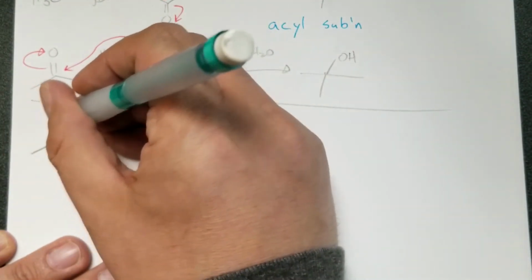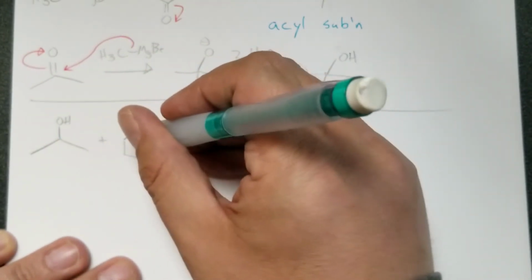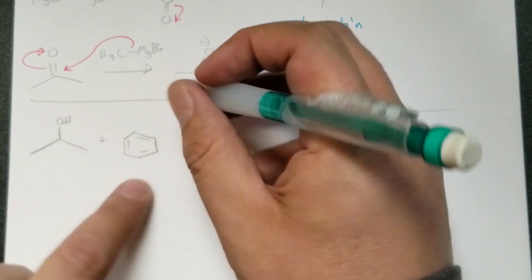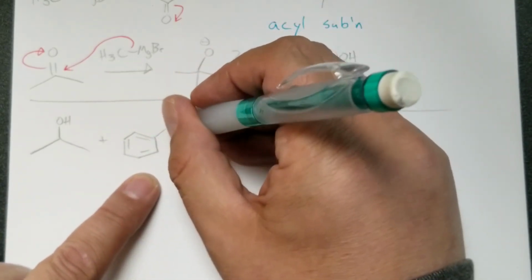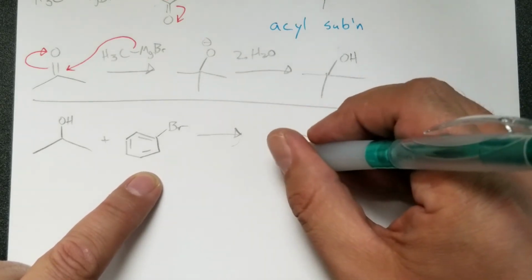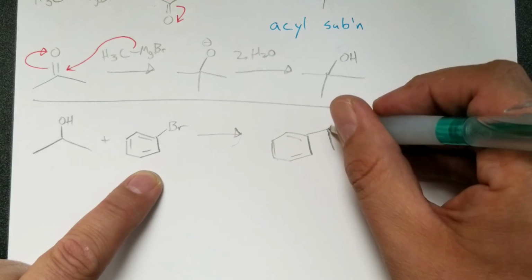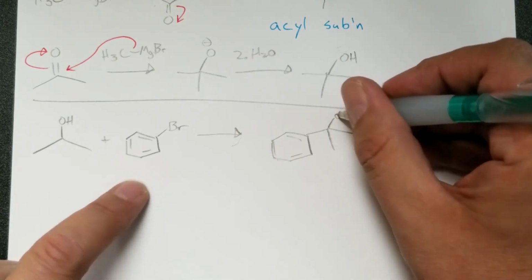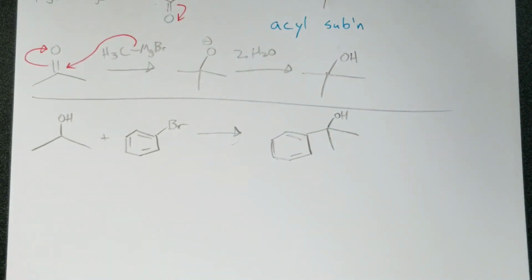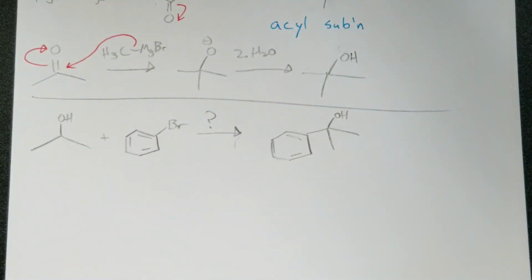Starting with these two compounds, we have isopropyl alcohol and bromobenzene. We're going to put them together and make that. So the question is, what reagents do that?